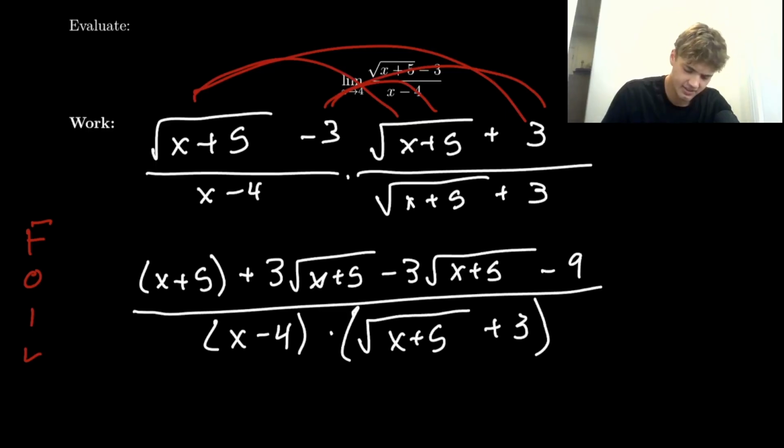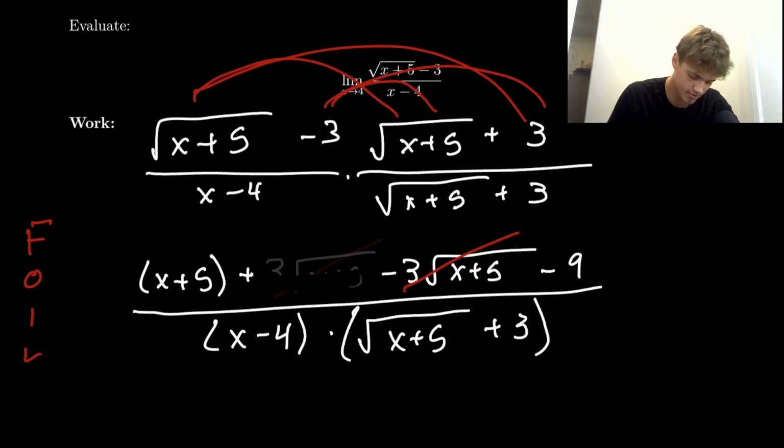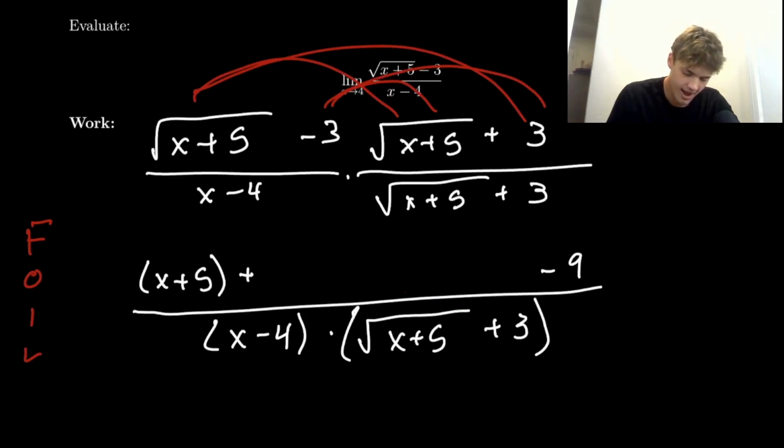So what can we cancel out right now, though? On the top, we have a plus 3 square root of x plus 5, minus 3 square root of x plus 5. So those are going to cancel out because that'll give us 0. And then we have this negative 9 and this positive 5. 5 minus 9 is negative 4.